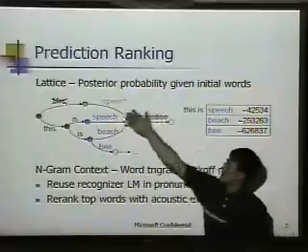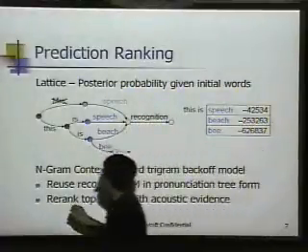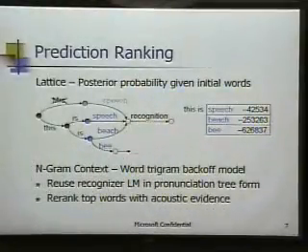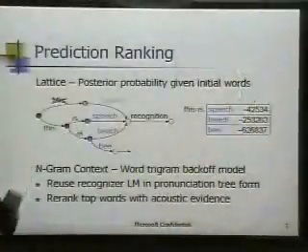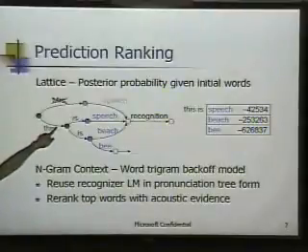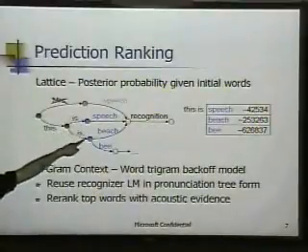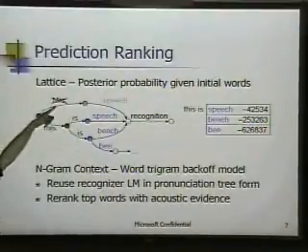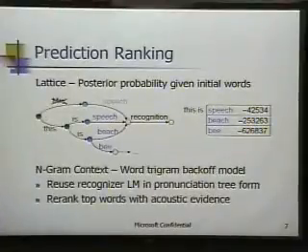Let's say this is a returned lattice from the recognizer. Because we know the committed words in the beginning are "this is," the only candidate nodes we can actually be in at this point are these two blue nodes here. That corresponds to "this is" and "this is." We cannot be in the path that starts out with "misses."